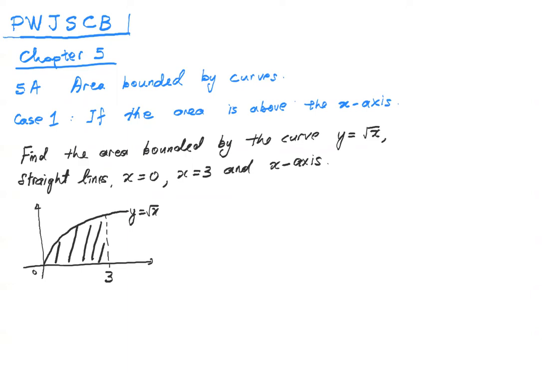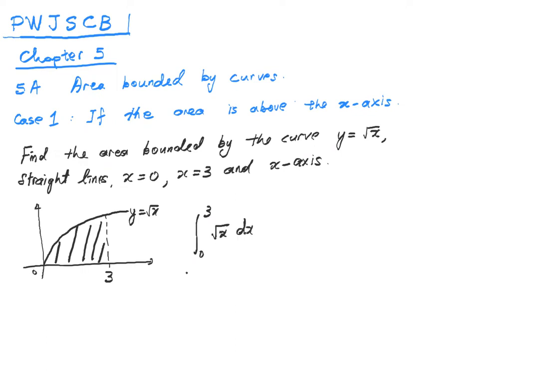So can you please write an integral expression to represent this? We learned it in the first part of chapter 4, correct? So the definite integral from 0 to 3 square root of x dx.